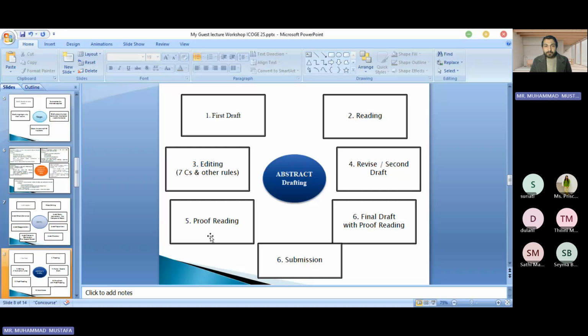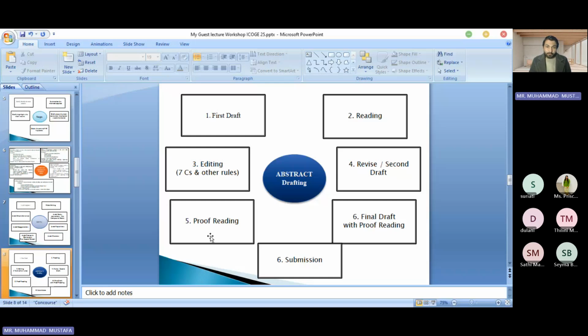For instance, the conclusion or the finding is mentioned before the methods. That is disorder. So we have to go to the second draft and proofread it while focusing on the sequence, order, and other linguistic rules, grammatical rules, and other specific rules of professional writing.